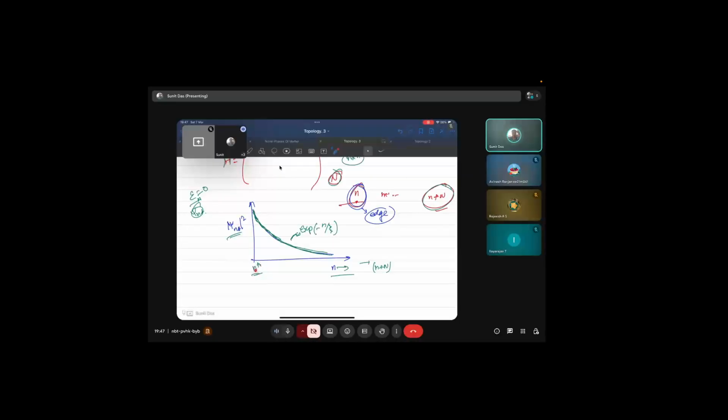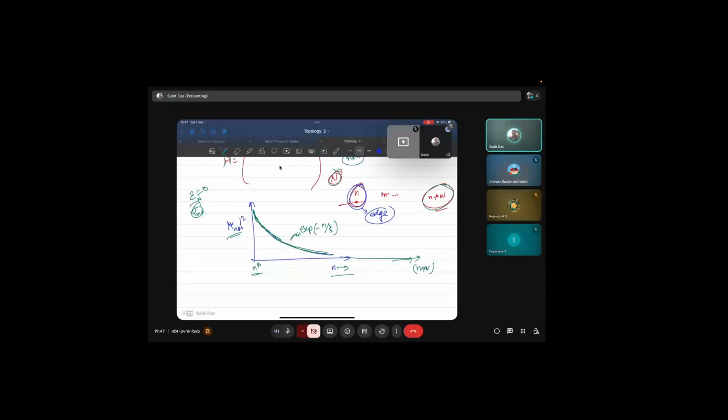So the nth atom is one of the edge atoms, and as you go within the bulk of the sample, so this should not be n plus N actually, some n, and then somewhere here, let's say n plus N.